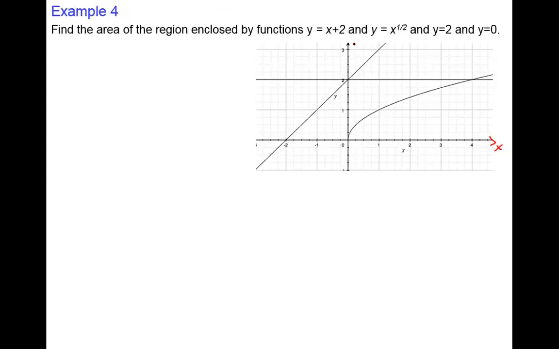That means this was x and this was y. That means instead of looking at my area this way, because that's what integration means, like slicing and adding together all of these rectangles, I will try to look at this way. I will try to slice the y-axis, which means I will integrate with respect to y.